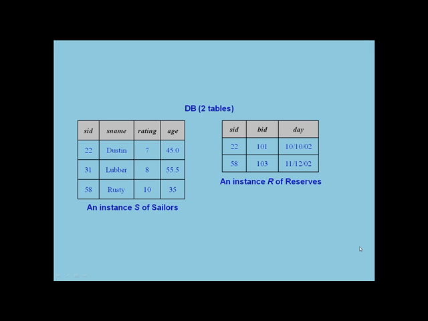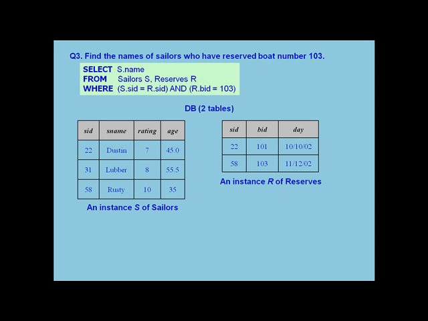We have two tables, sailors and reserves. Query 3. Find the names of sailors who have reserved boat number 103. Select s.sname from sailors as S, reserves as R where s.sid is equal r.sid and r.bid is equal 103.